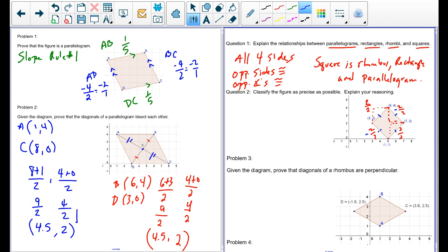Well, if I flip 2 over 2, what do I get? 2 over 2, right? Opposite and flipped, right? So then these angles are all 90 as well. So then I can say it is a square. 90-degree angles, congruent sides.